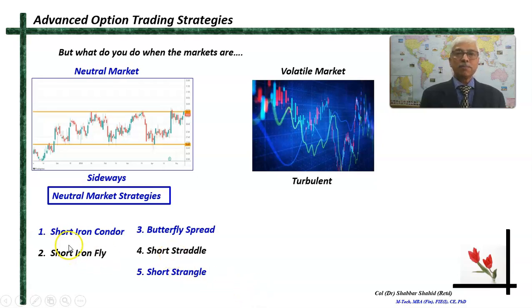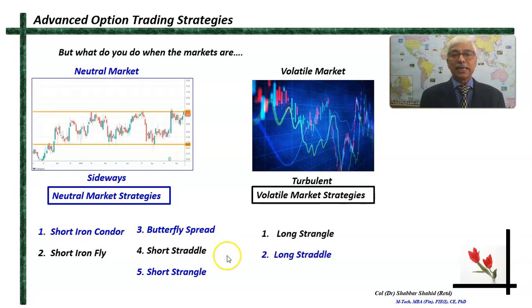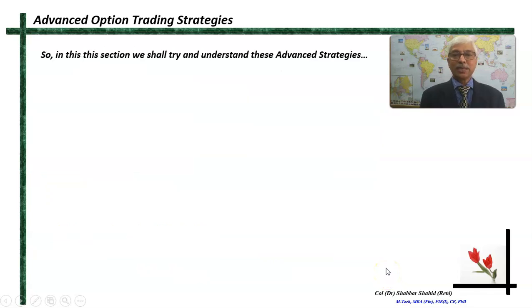Don't worry about the names, I will be explaining all these things in detail. Here I am just trying to list out the names. Alright. So short straddle and short strangle are the other two neutral market strategies. But if the markets are volatile or turbulent, in that case you may have to go for a long straddle or a long strangle. Alright.